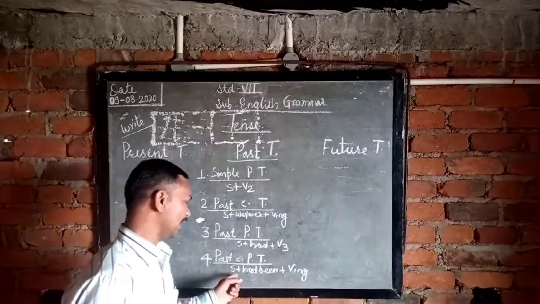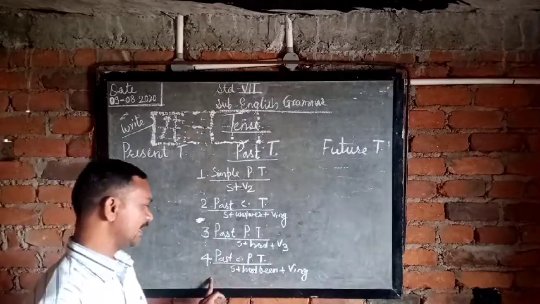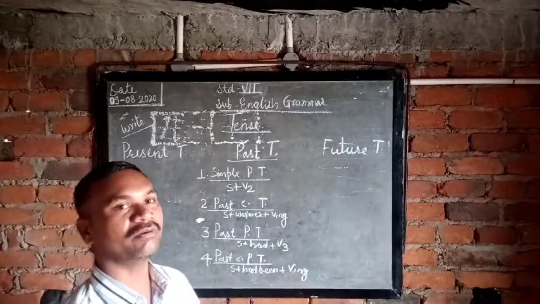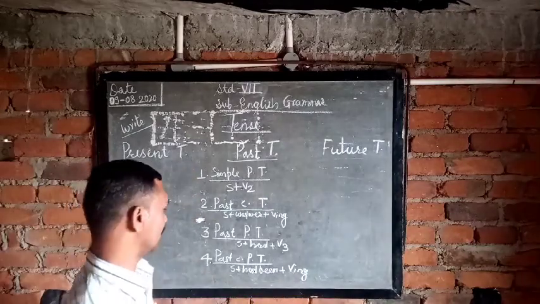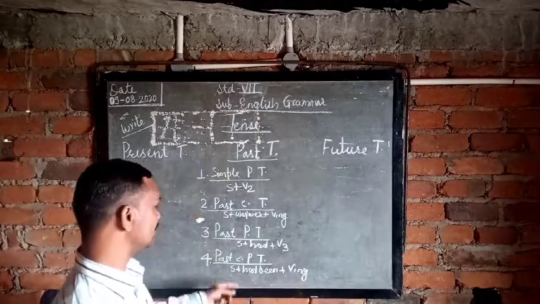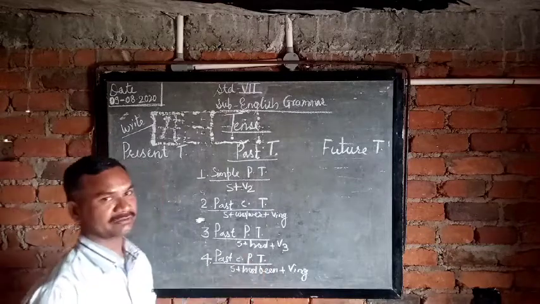The example is: Sneha had been writing a letter since morning. This is a good example for the past perfect continuous tense.